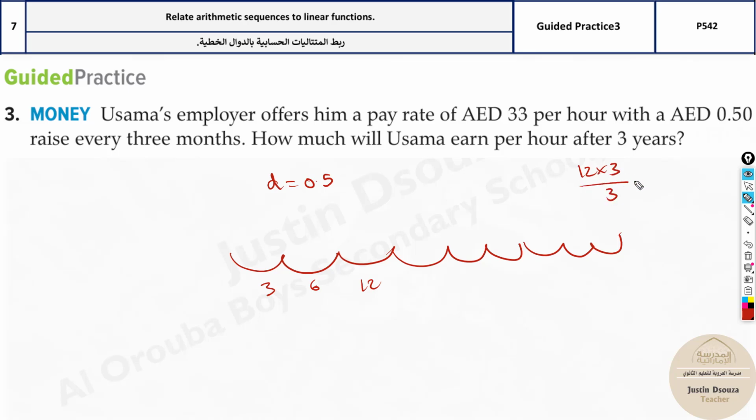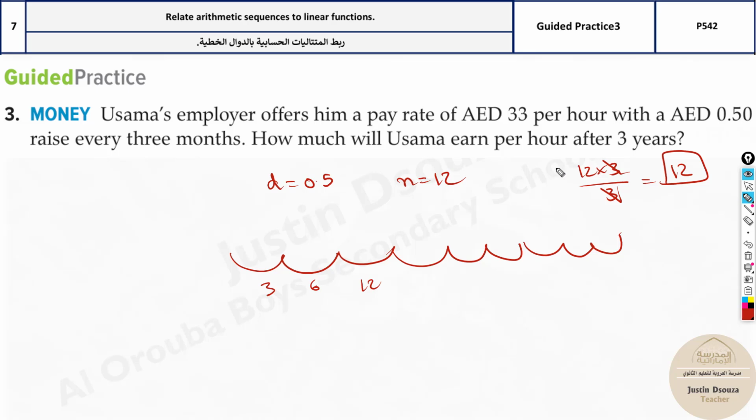Divided by 3, you will get the answer. So cancel it off, so you will have 12. So every 12, n will be 12. So if you count n of 12, you will have 12 3-month periods in 3 years. So there'll be 12 times increase in the salary for Usama.